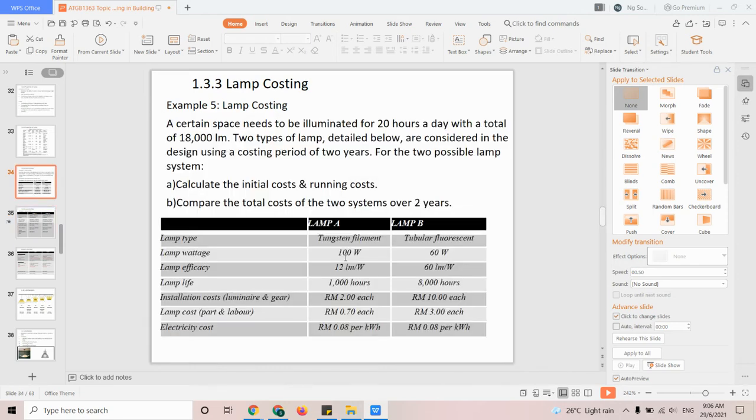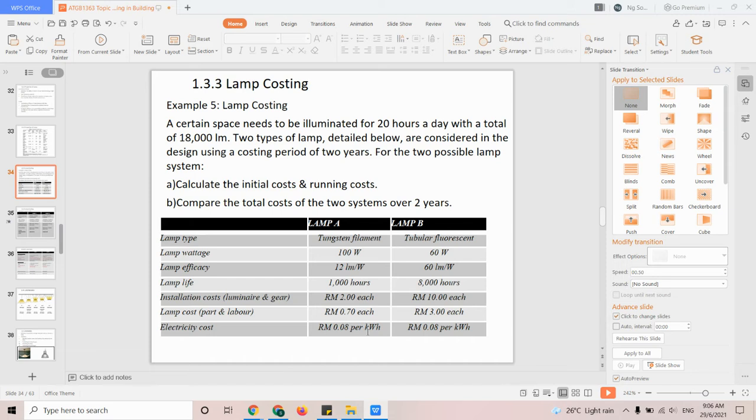So you have 100 watt divided by 1,000. You want to make it into kilowatt because your electricity cost is in kWh. So you need to divide this 100 watt by 1000 to put in this K. K is just a scientific symbol to symbolize 1000, or kilo.